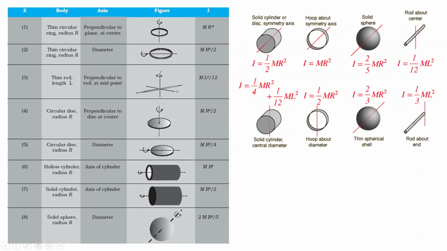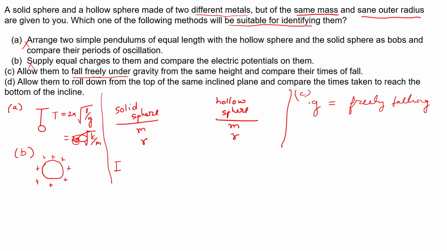We can see from here, moment of inertia for solid sphere is 2 by 5 mr square, and for hollow sphere it's 2 by 3 mr square. So for solid sphere, moment of inertia is 2 by 5, m and r are same. Let's call hollow I_H, here the value is 2 by 3 mr square.